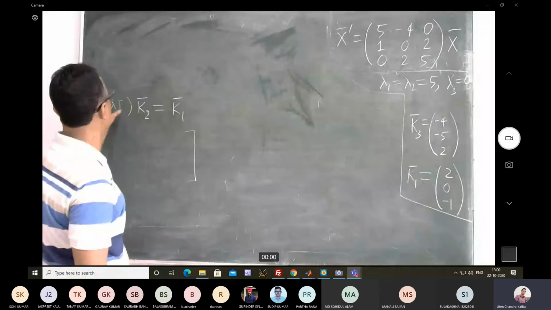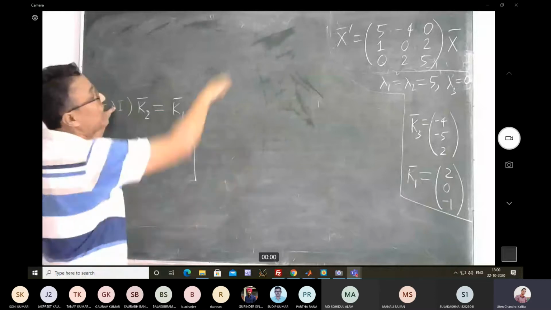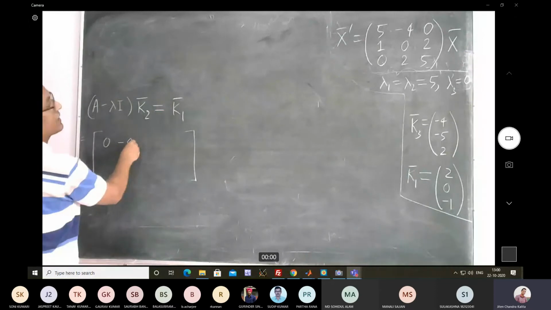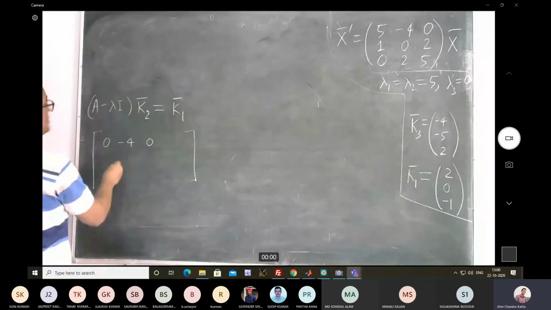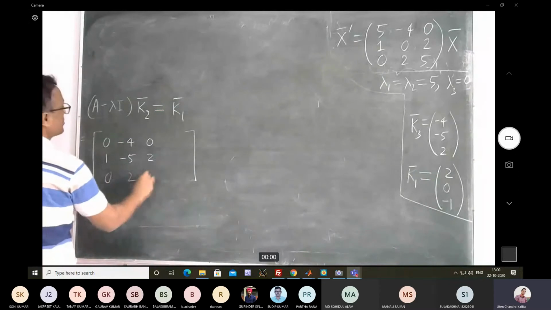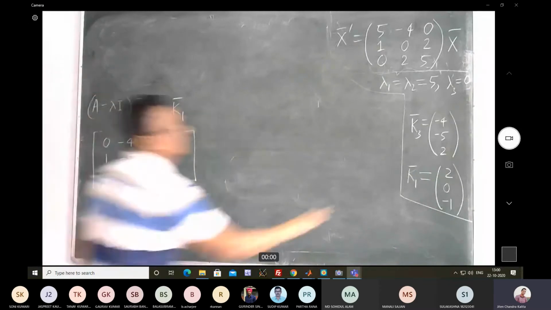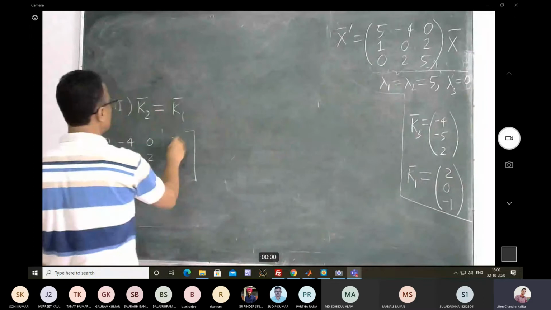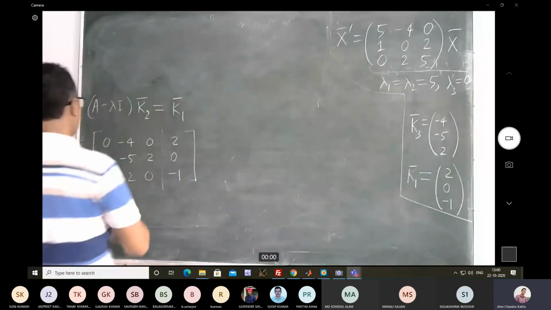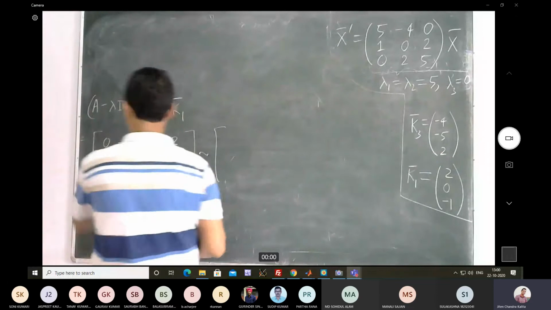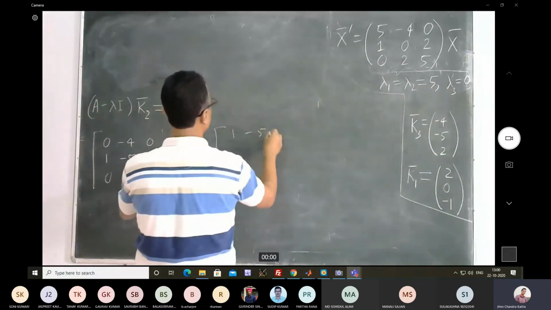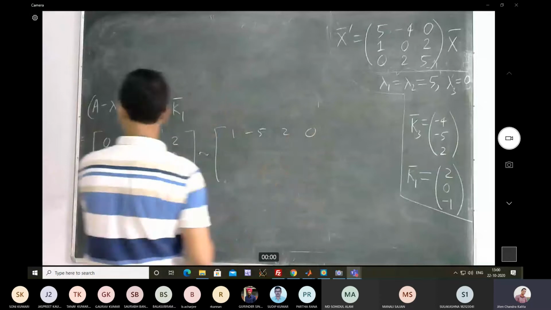So A minus lambda I, when lambda equals 5, is going to give me 0, minus 4, 0, then 1, minus 5, 2, and 0, 2, 0. And k1 is 2, 0, minus 1. As before, I'd like to raise this up: 1, minus 5, 2, 0.